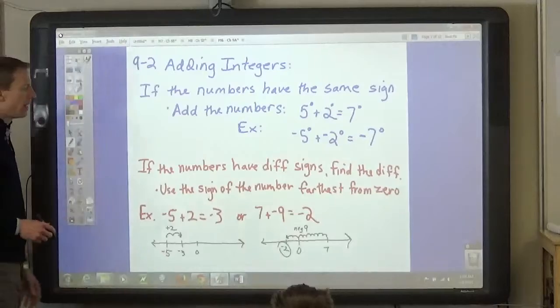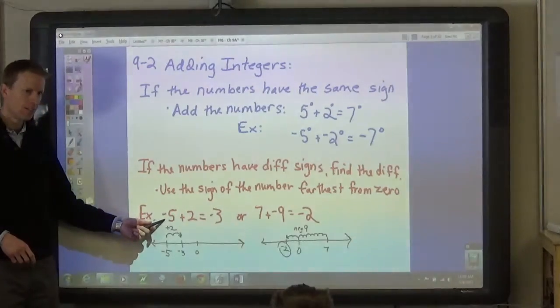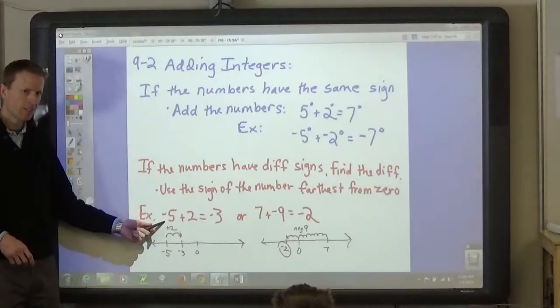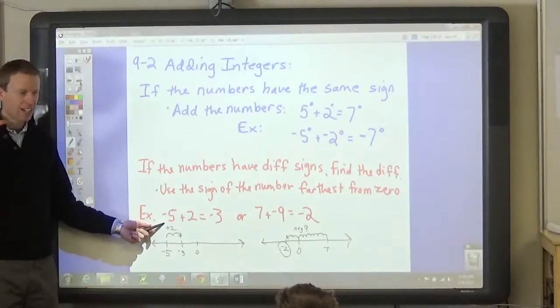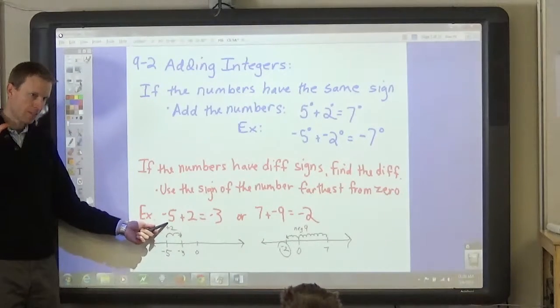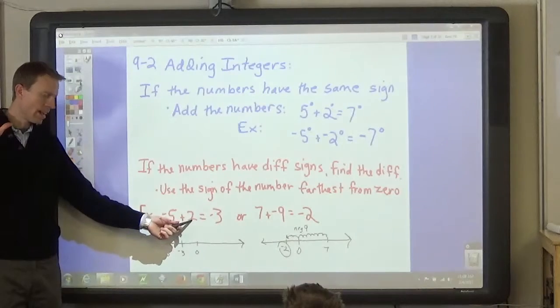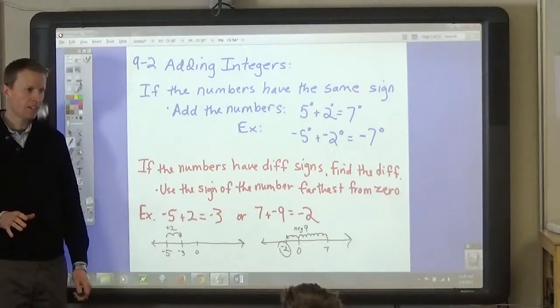Well, when we're thinking about adding, what's the absolute value of negative 5? It's 5, right? And the difference between the absolute value of negative 5 and 2 is 3.